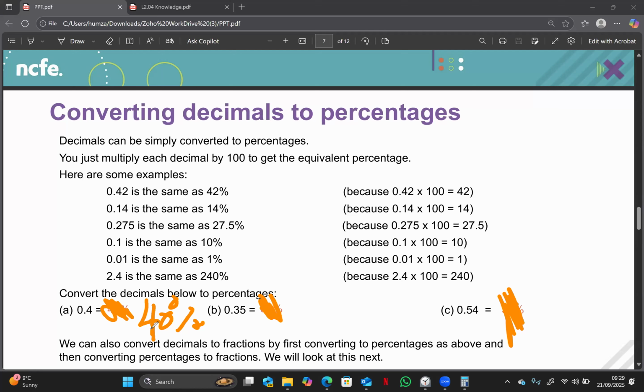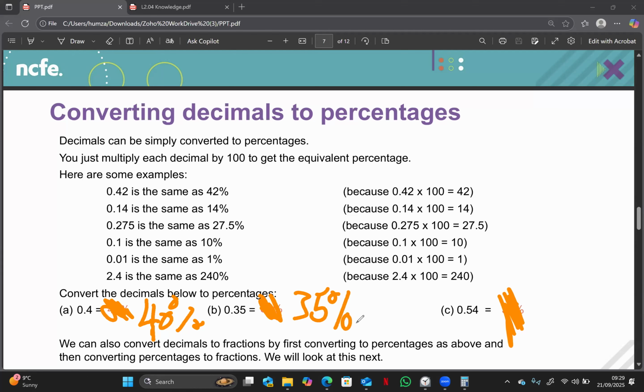So the answer is 0.35 times 100. 35%, exactly. 35%. And the last one?